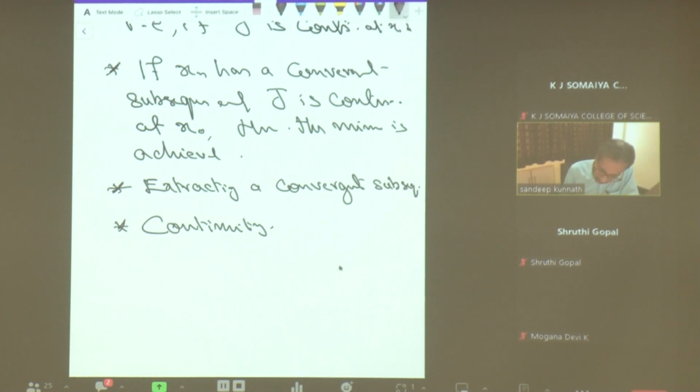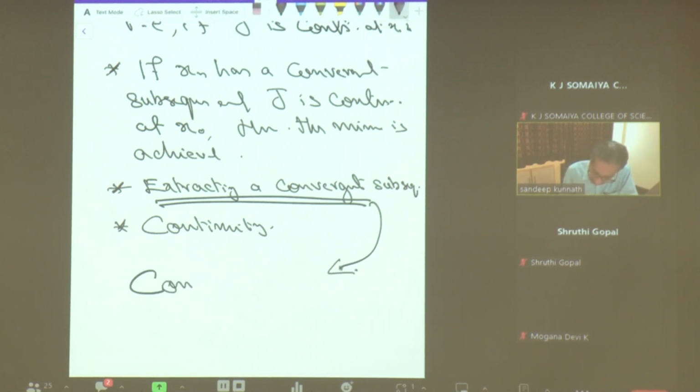Okay. So first look at that first property. This extracting a subsequence is a compactness property of the Banach space. Now you can see that it is not very easy. One has to deal with compactness in an infinite dimensional space.